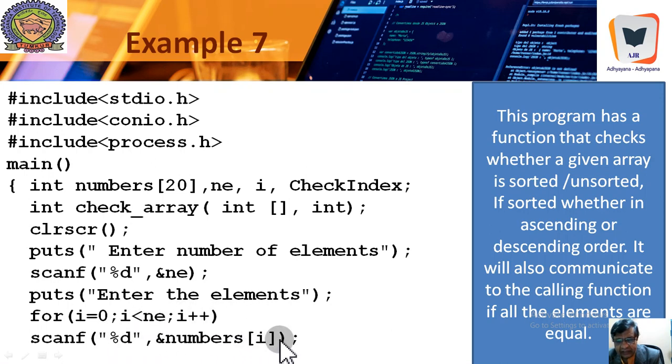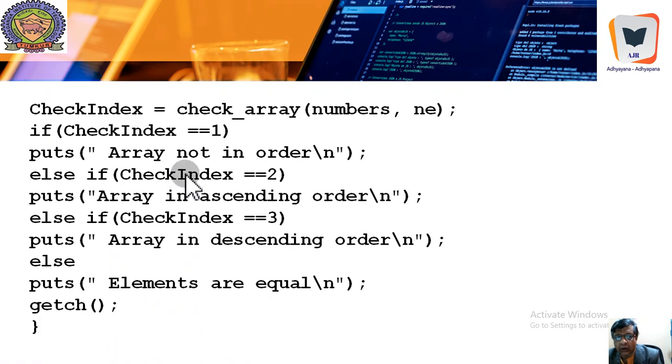The elements are taken. Now it is sent to the function called check array. The array is sent and the number of elements is sent, and what it brings back is check index, a value, either 1, 2, 3, 4 for different conditions of the array.